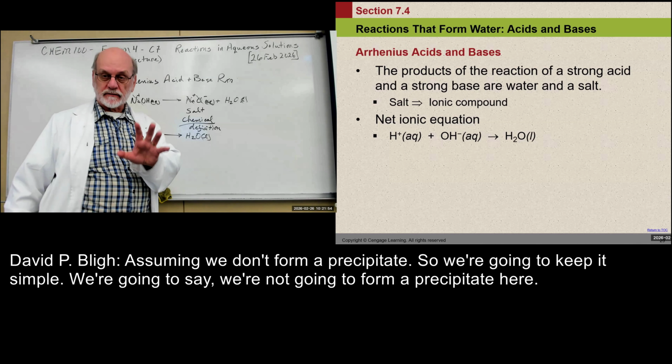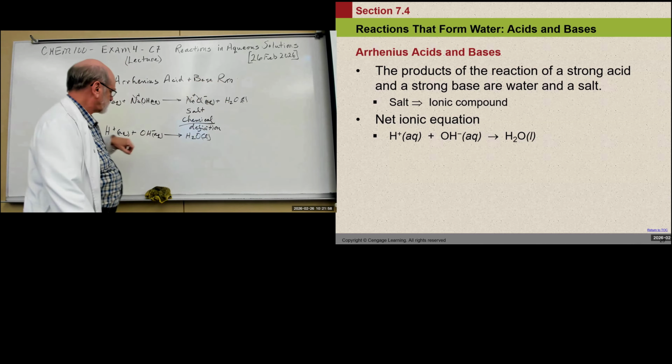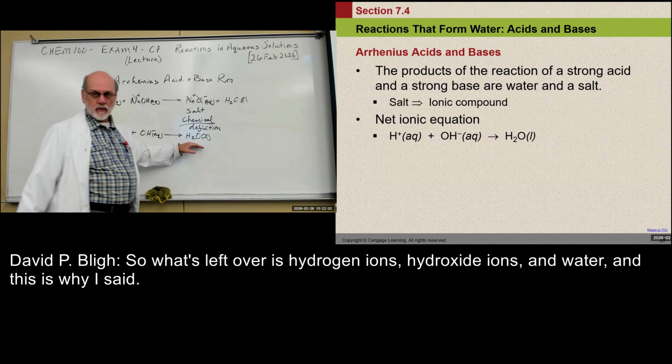So we're going to keep it simple. We're going to say we're not going to form a precipitate here. So what's left over is hydrogen ions, hydroxide ions, and water.